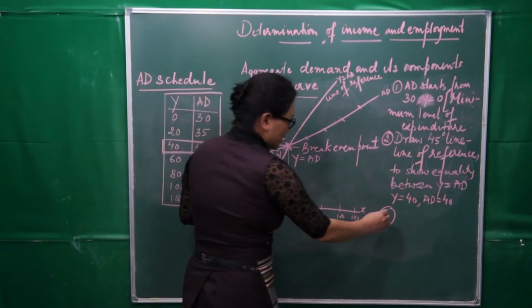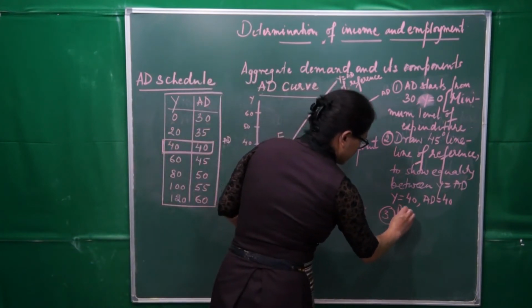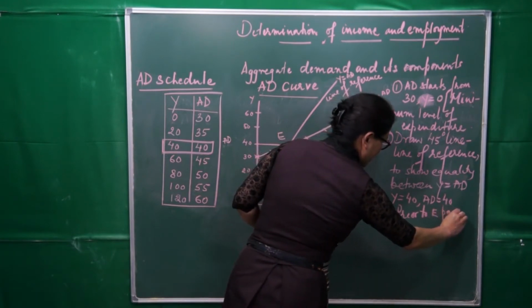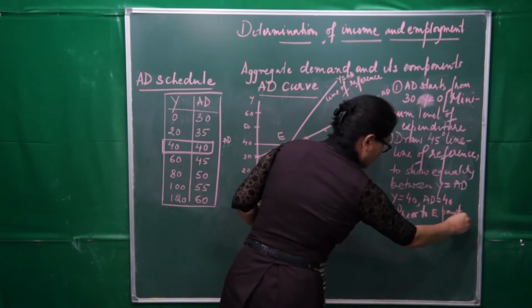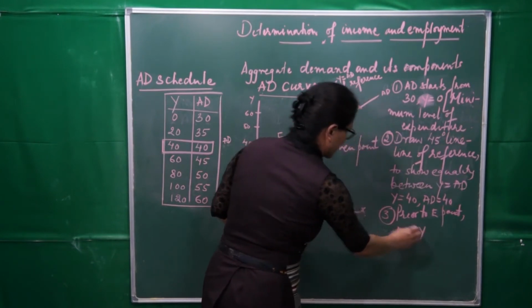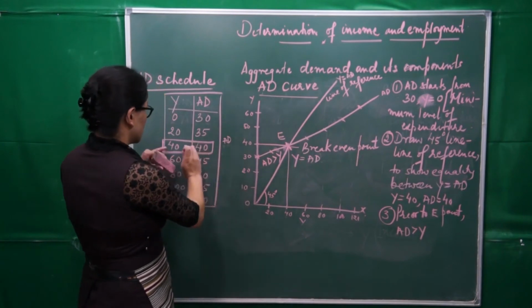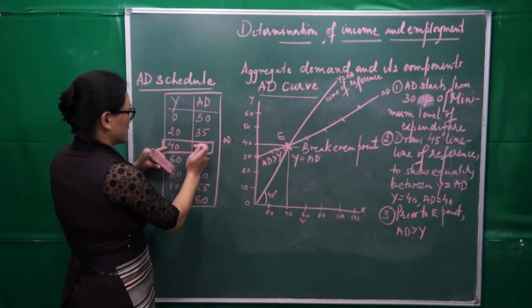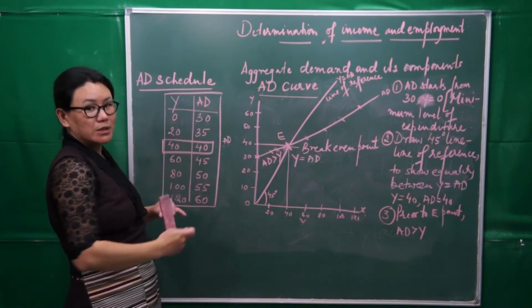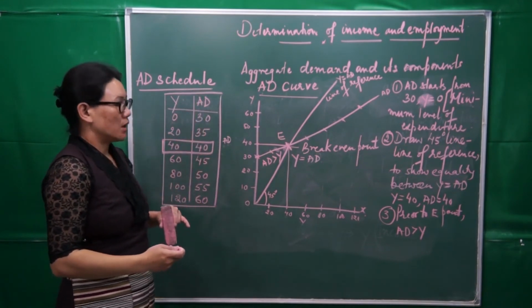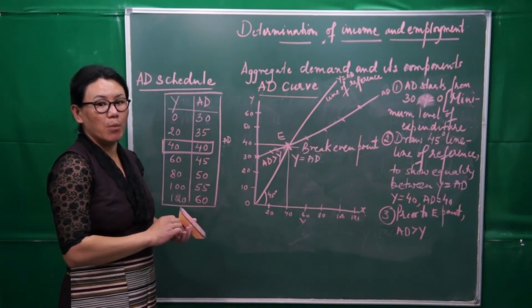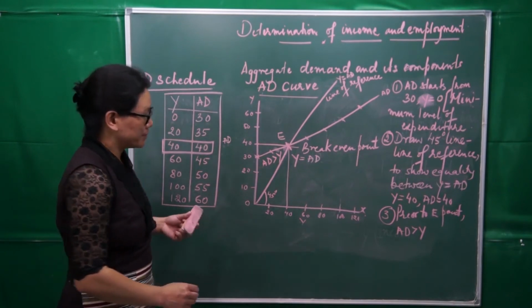Okay. So we can say prior to point E, we are getting AD is greater than income. This happens before this one. So initially when income increases, AD will be greater than income. People will be consuming more. Right?